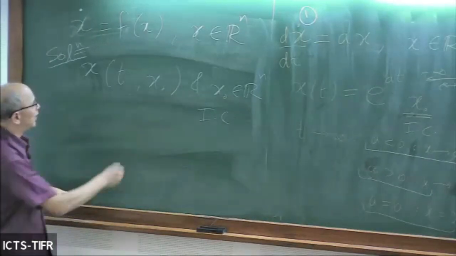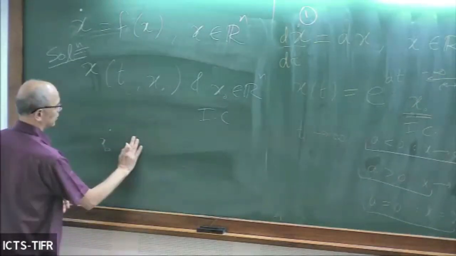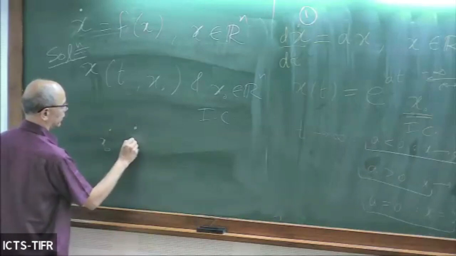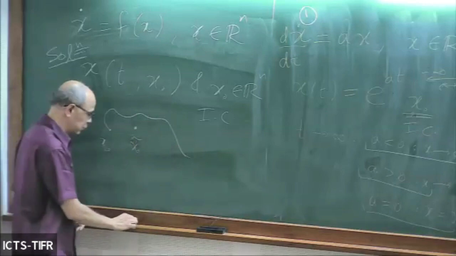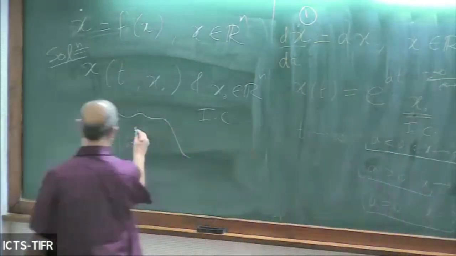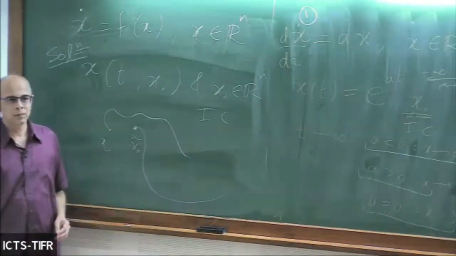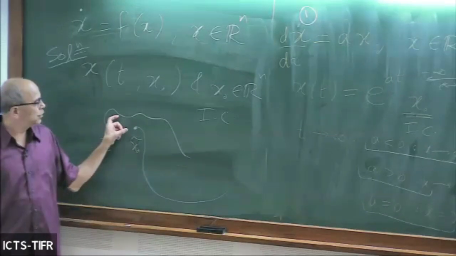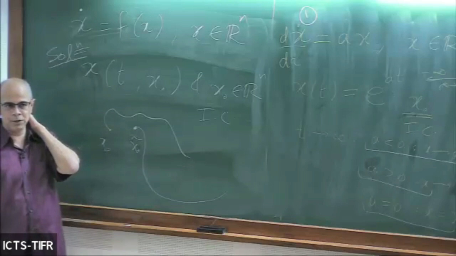So if I have an x naught somewhere here, and if I have an x naught tilde somewhere there, the trajectory to this may go like that, the solution to that equation, and the solution to this x naught tilde may go like this. Right? What happens to the difference between these two is exactly what is meant by sensitivity to the initial condition.